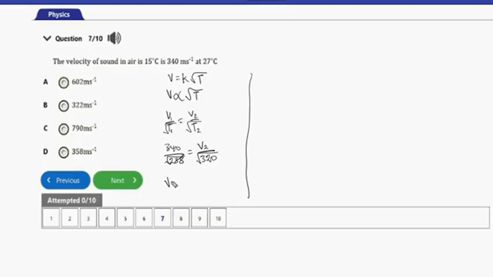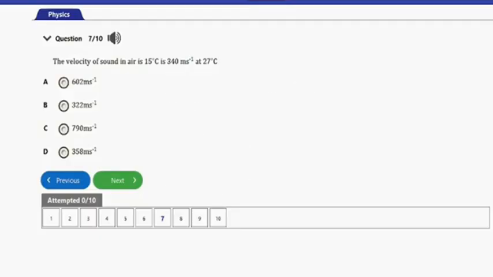So if we make V2 the subject of this equation, we are going to have 340 times square root of 320 all over square root of 288. So guys, we're going to have 358 meters per second, and that's option D here. So that's it for this question.